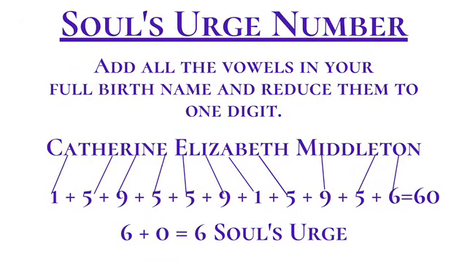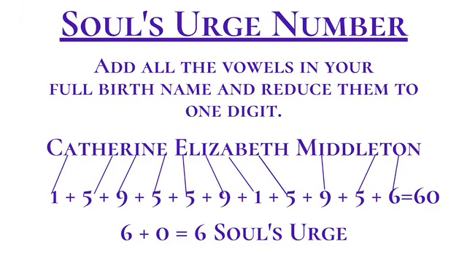So moving on to the soul's urge number. Sometimes the soul's urge number can be called the soul number, and it can also be called the heart's desire number. These words are used interchangeably, but just know whenever you see soul number or heart's desire number that they are essentially the same thing as the soul's urge number.